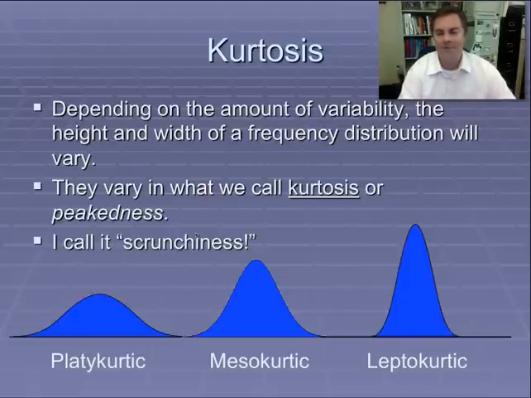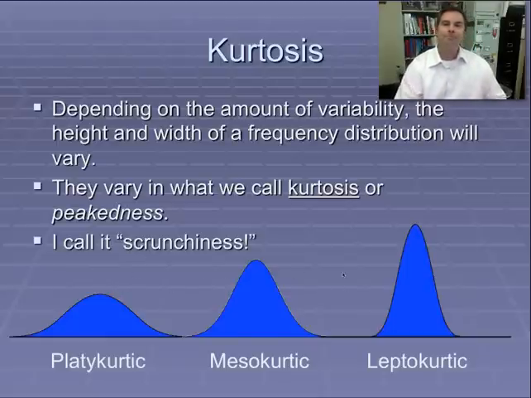Now, there's no fine line where these things go from meso to lepto or platykurtic to meso. These aren't specific locations, so we just refer to them as the extremes. So that's kurtosis, the amount of kurtosis. There are mathematical calculations to express the degree of kurtosis in a distribution of numbers.